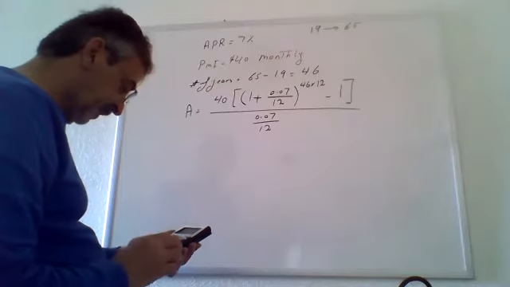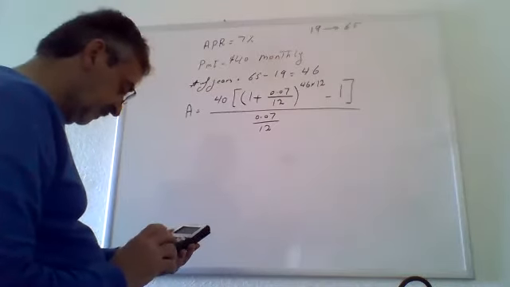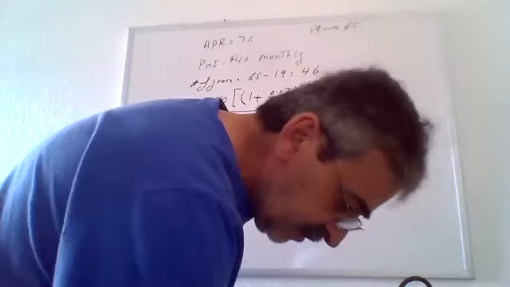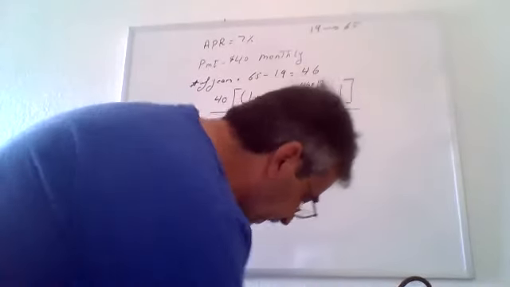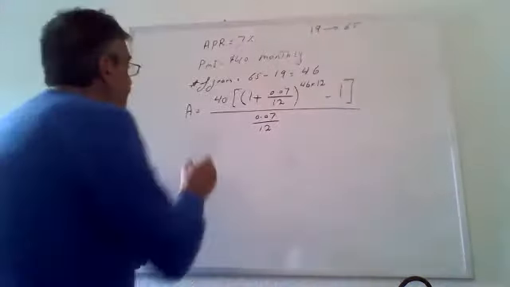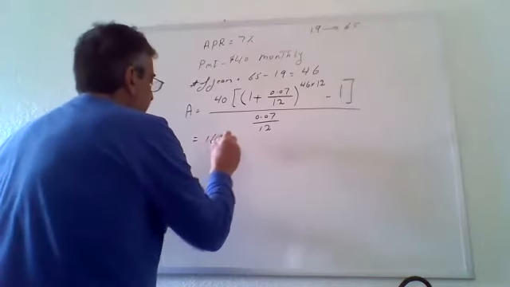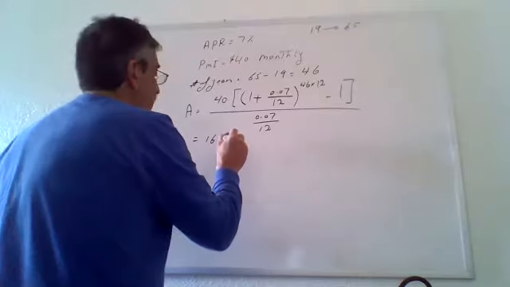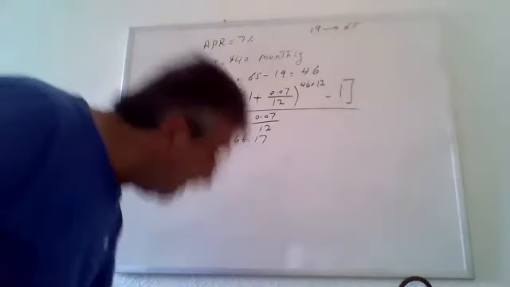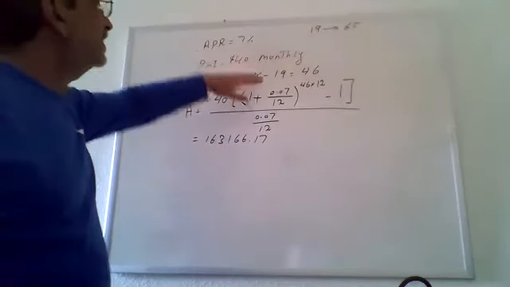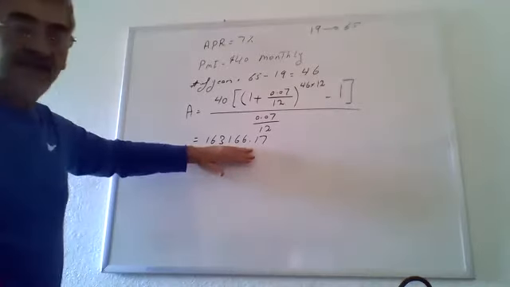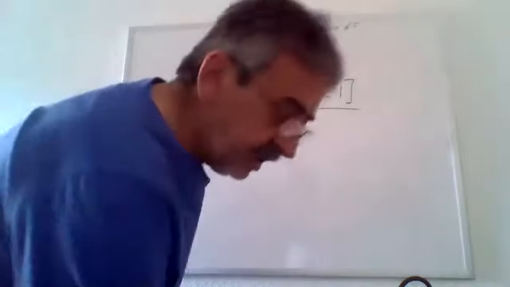That'll be $163,166.17. So this person, if he's saving $40 every month in his IRA account, after he's 65, will have that much money in the account.